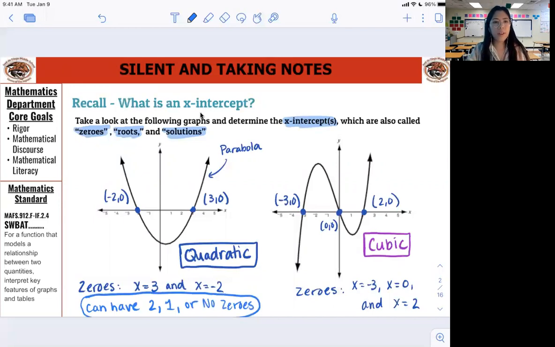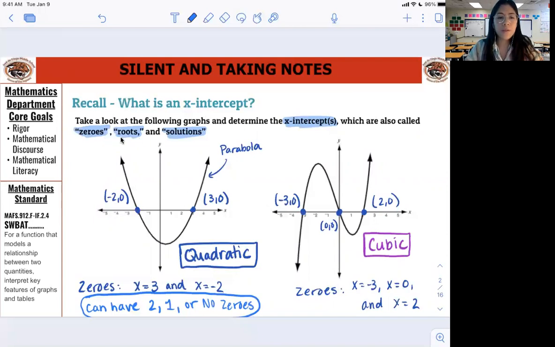All right, one more little thing I want to explain because somebody asked it in the chat: why do we call it all these different things? We call it zeros because that's the 0. Remember that the x-axis, we call that 0. So when it touches the x-axis, that's why we call them zeros.